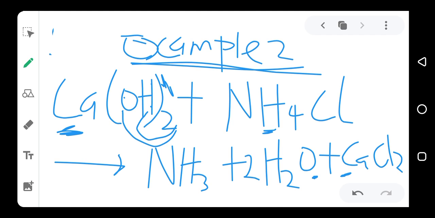So what can we do to make sure that it is balanced? Okay, we have 2 here and 3 here, which is 5. We have 5 here and we have 6 here. So what can we do to make sure that it is balanced? Now let's put 2.